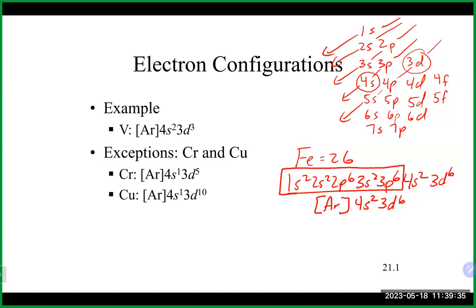There are a couple of exceptions to the normal filling order, especially for transition metals. The two major ones that most of the time people in Chem 50 talk about are chromium and copper, chromium being 24 electrons and copper being 29 electrons. It's been found experimentally that they are more stable with one extra electron in the d orbital and one less electron in the s orbital.